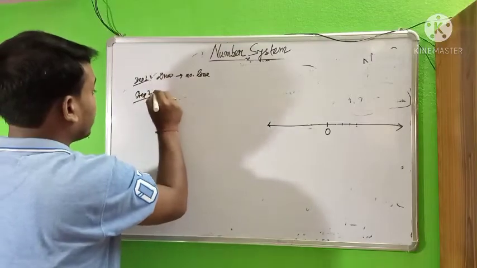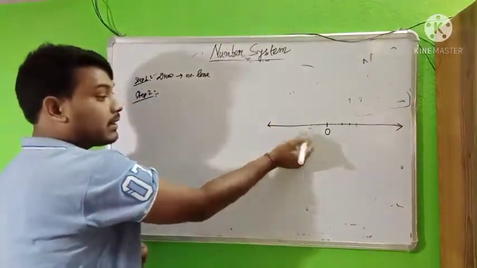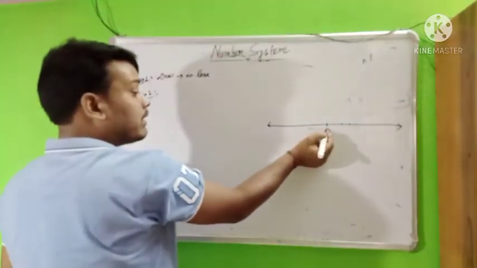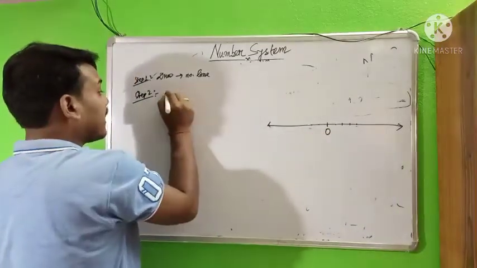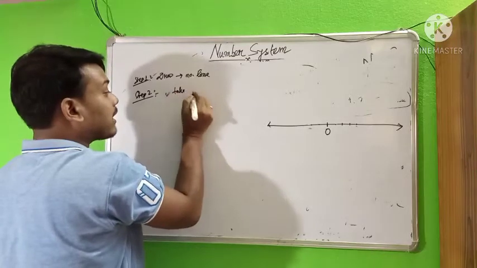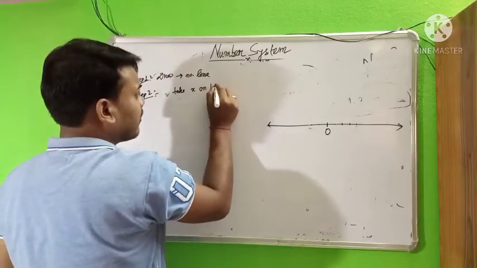Step two: take the length x on the left side of O. So on the left side of 0, we will cut x.